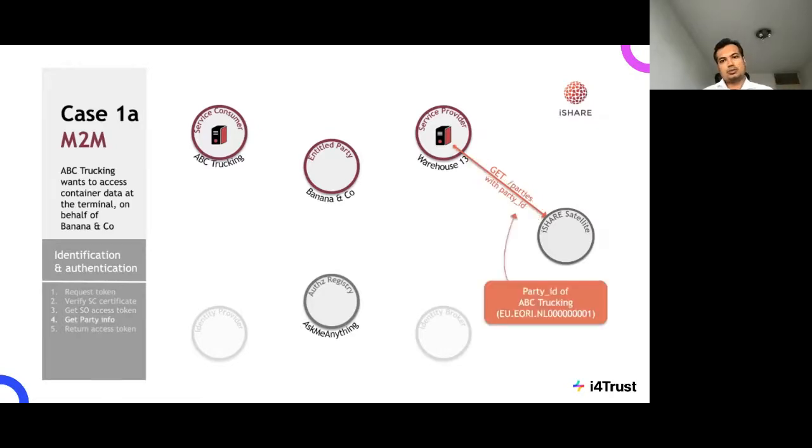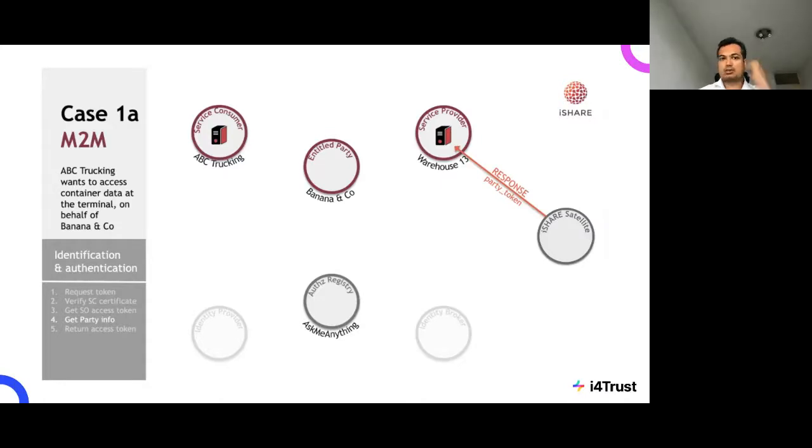So once it is issued a token, the service provider then can request information about ABC tracking at the satellite. And the satellite in response gives the information about ABC tracking, whether it is a known party, what its status is currently, and what additional information the satellite registers about that organization.